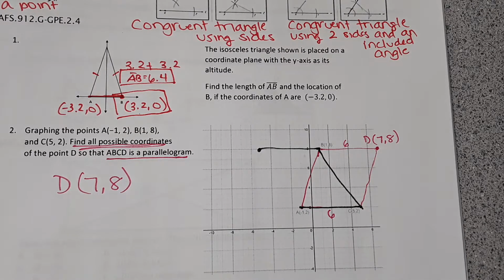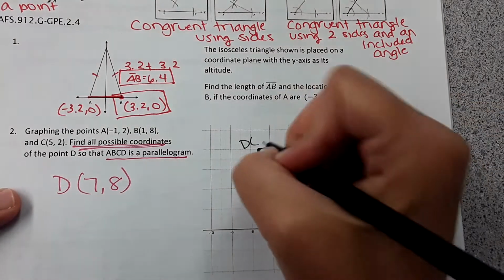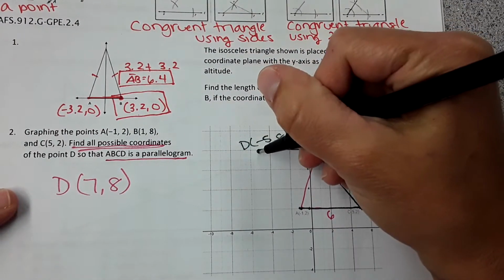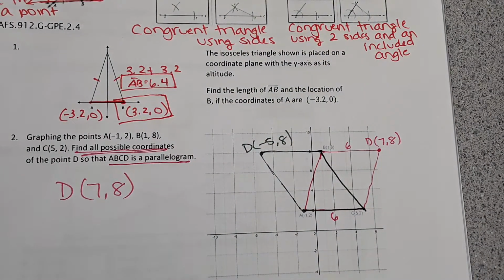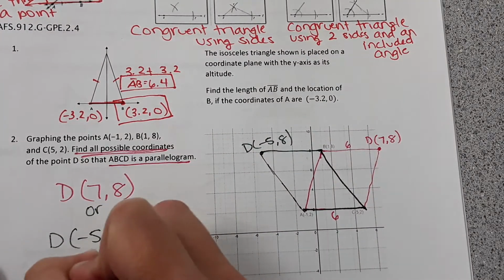Okay, so this point here, D could be at -5, 8.